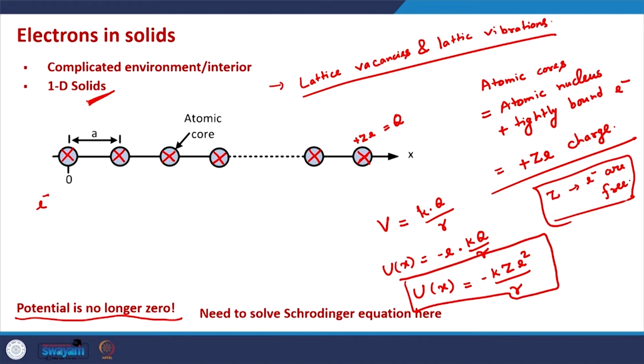And if we plot this corresponding to each atomic core, we will see how the potential profile looks. Corresponding to each atomic core, the potential would be this, basically inversely proportional to the distance between the electron and the atomic core. So, now let's see how it actually looks.